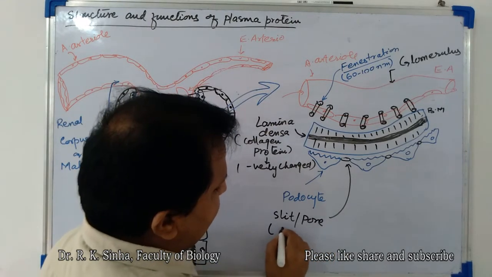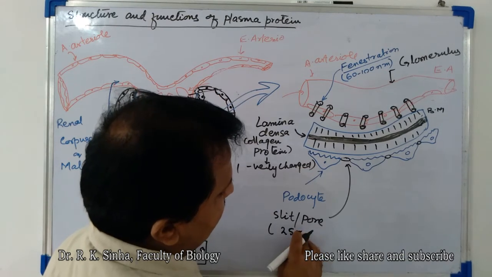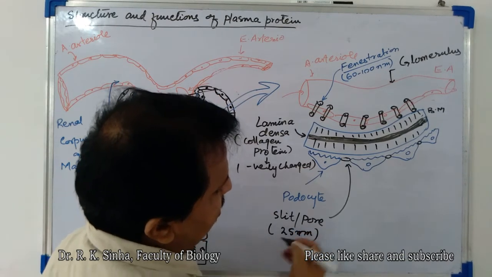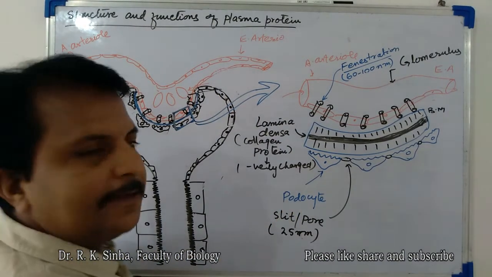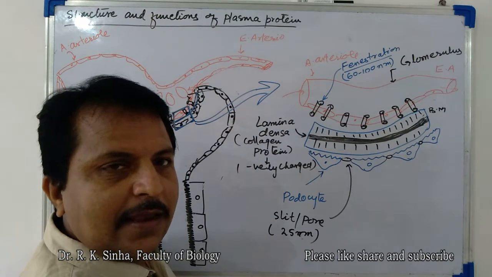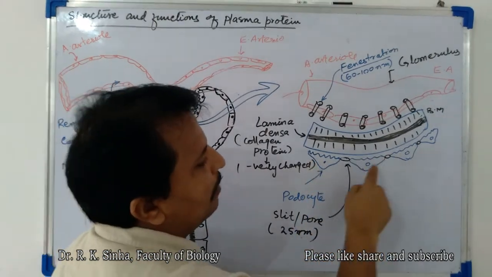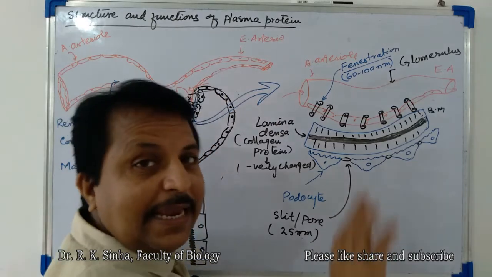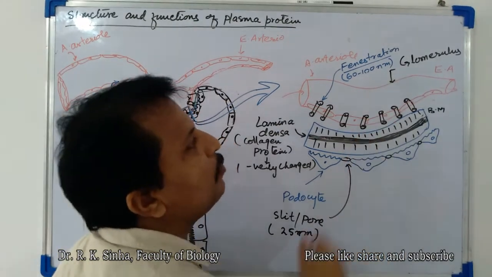The size of this is 25 nanometers. This membrane forms the inner membrane of the Bowman's capsule, which will be close to this glomerulus.